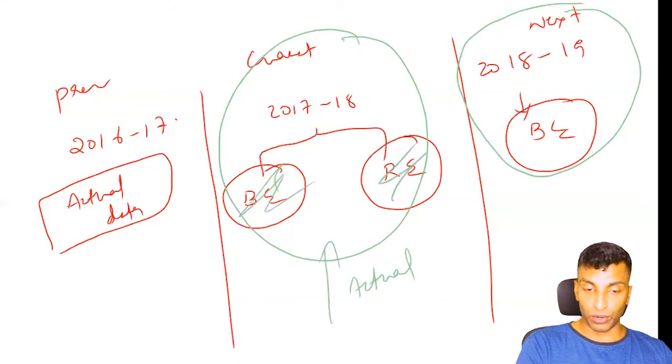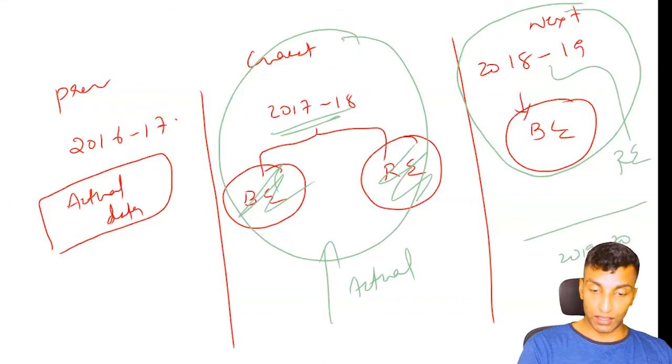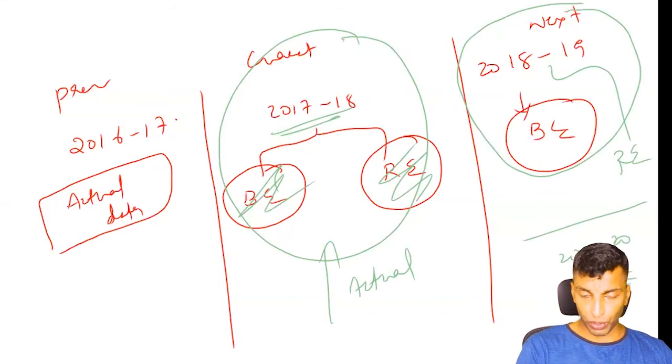These two will not be there, only the revised estimate, and then the next year, 2019-20, the budget estimate. So this is how you will see the values represented. These are the values I have given, and we will update them towards the end of this module. Right now just take down this idea. This is how you will write.